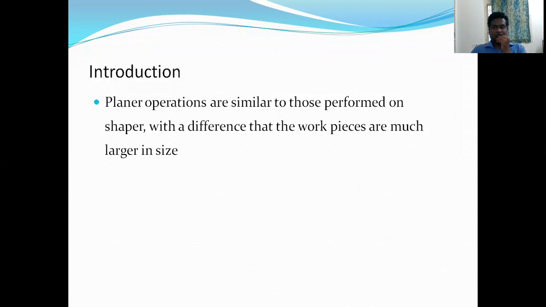So here the operations are same as in shaper, but the workpieces are much larger compared to the shaper. Here the working principle is different, but the operations performed are same.